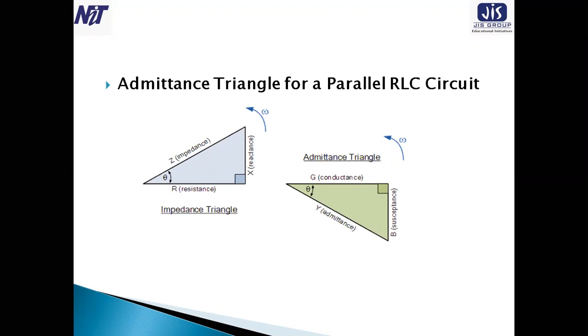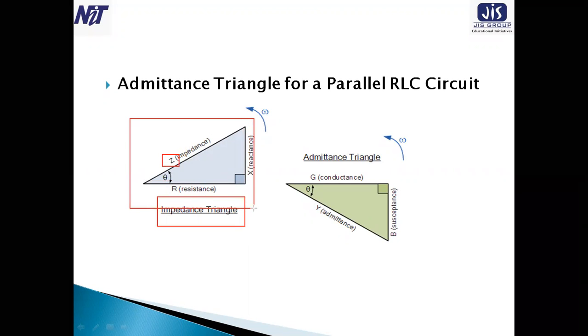For the impedance triangle, we know that impedance Z is equal to the vector sum of R and reactance X. This is the diagram of an impedance triangle.